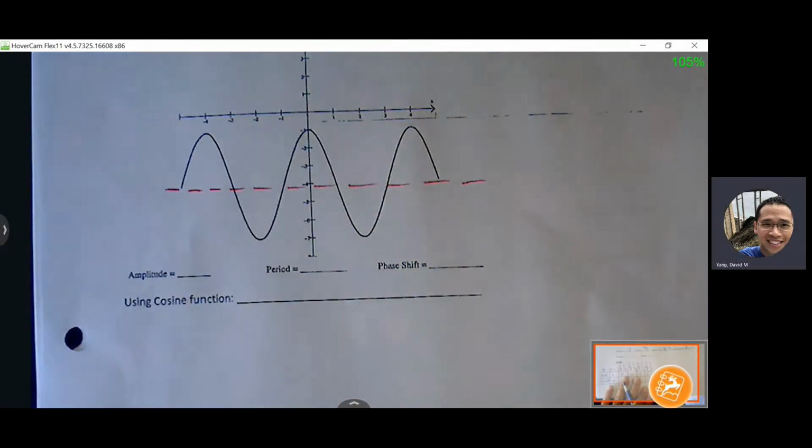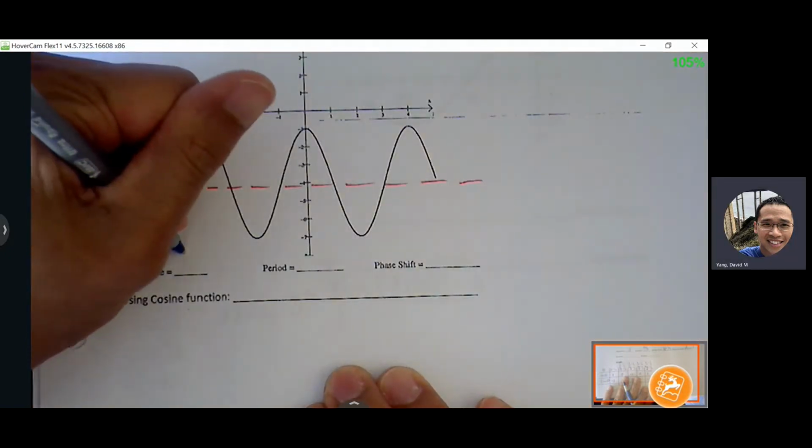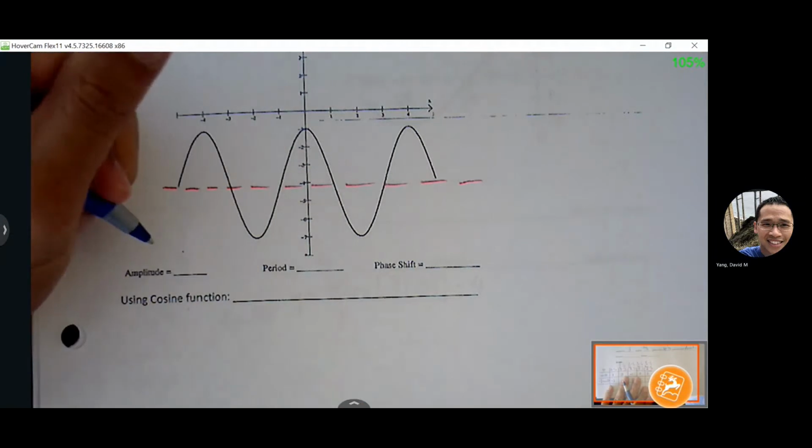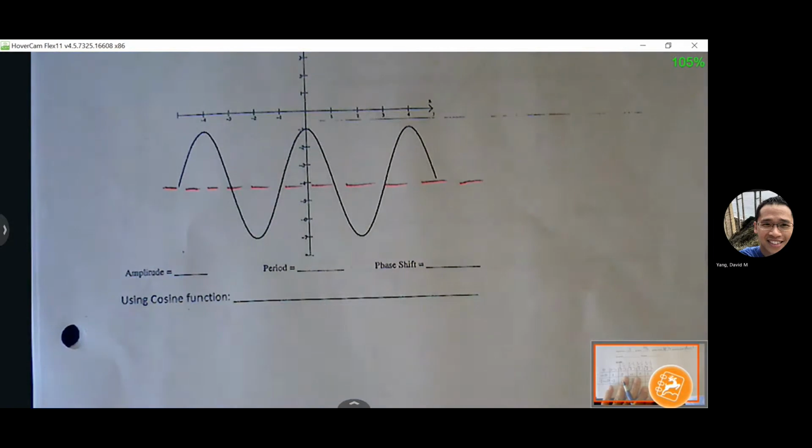Amplitude is from rest to crest, so you want to go from the center to the top. I made a mistake on the key. I said 4. Wait. Okay, I did have 3.